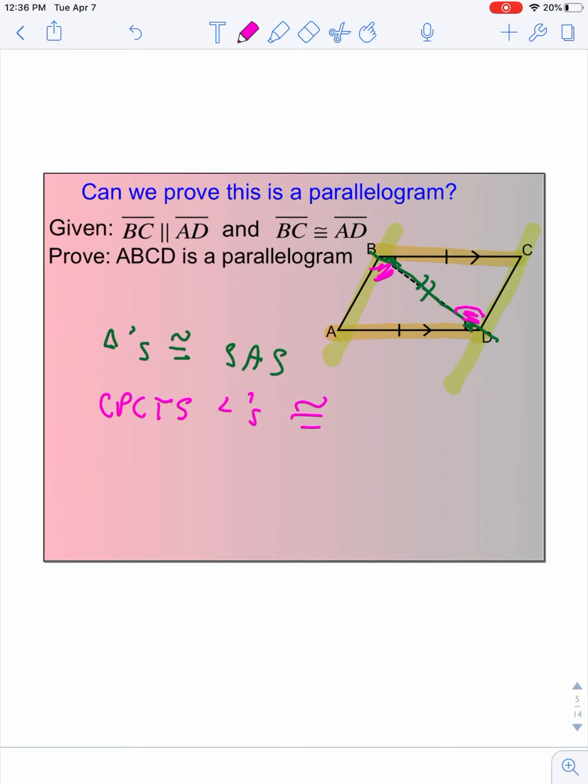And then, because those angles are congruent, the alternate interior angles converse would give me that these two sides are also parallel, so it's a parallelogram.